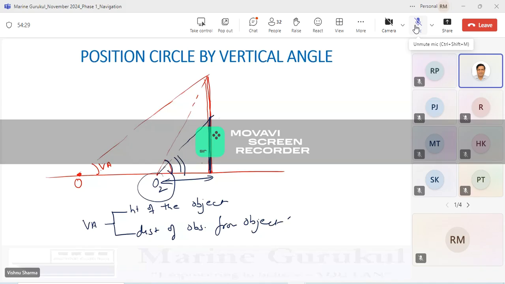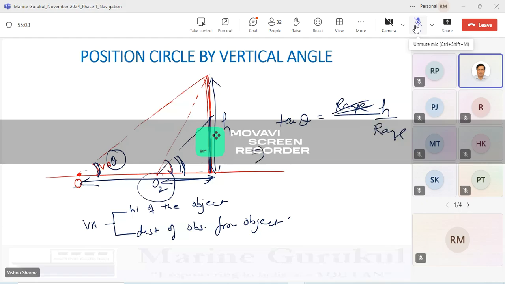Now we all know that if we can measure this angle, and this is the height of the object, then by trigonometry, let this angle be theta, tan theta will be equal to perpendicular upon base, sorry, so it will be h upon range, where the range is the distance of the observer from the object.